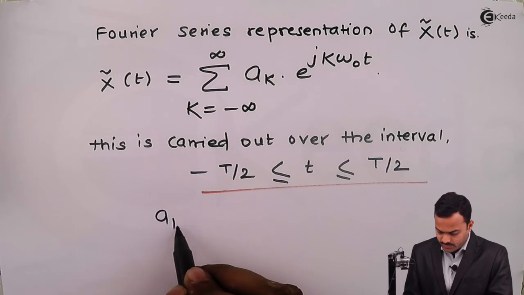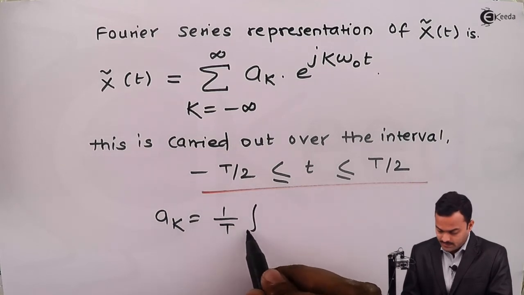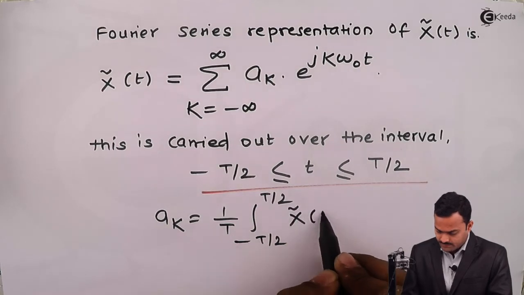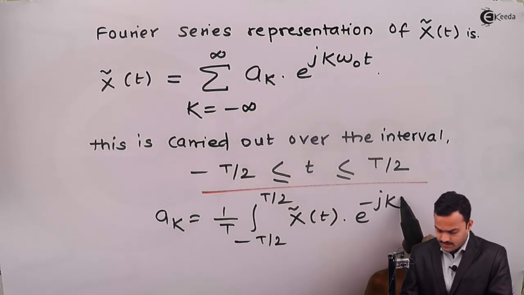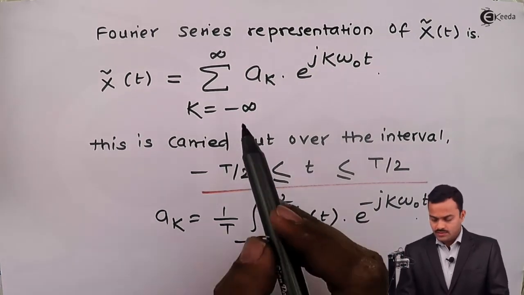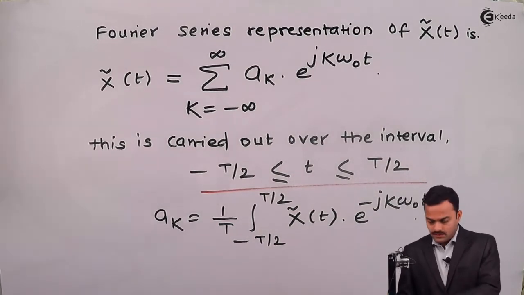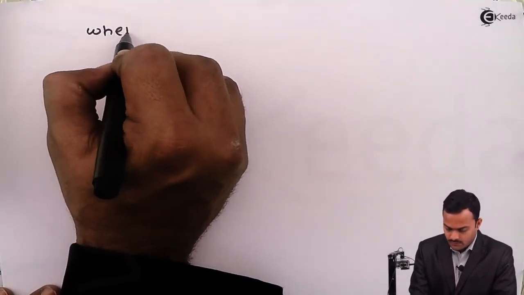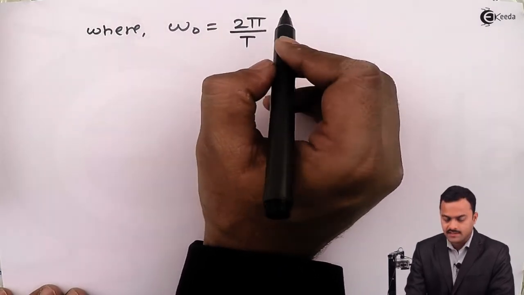So the Fourier series coefficient a_k will be 1 by T, because the time period is capital T, integral from minus T by 2 to T by 2 of x bar t e raised to minus j k omega 0 t dt. It is a simple Fourier series expansion we have done, and the Fourier series coefficient is calculated in this manner. Now we know omega 0 is nothing but 2 pi divided by the time period, which is T in this case.